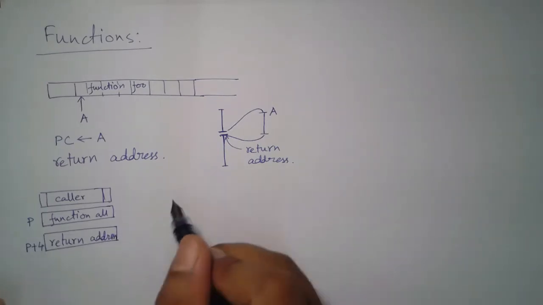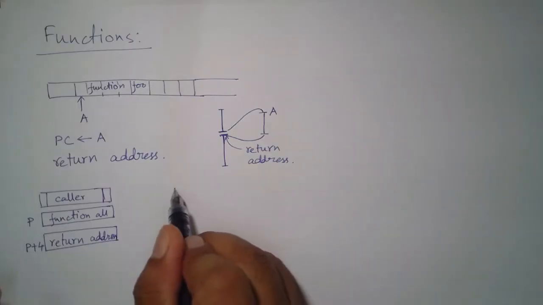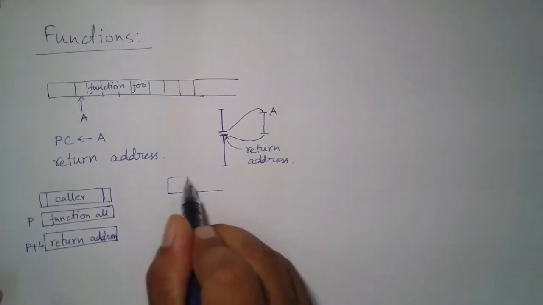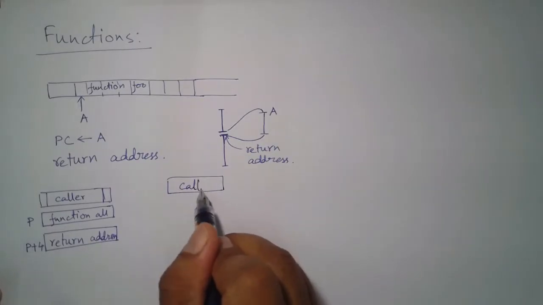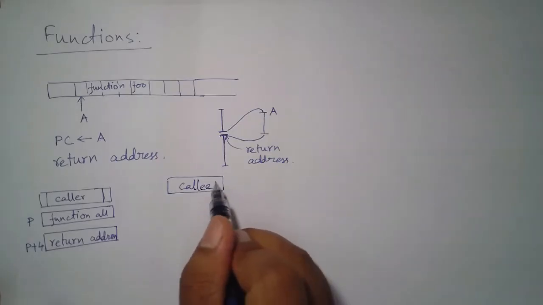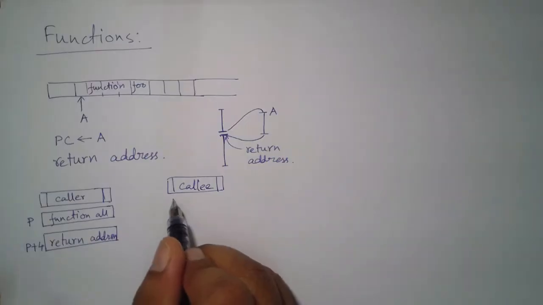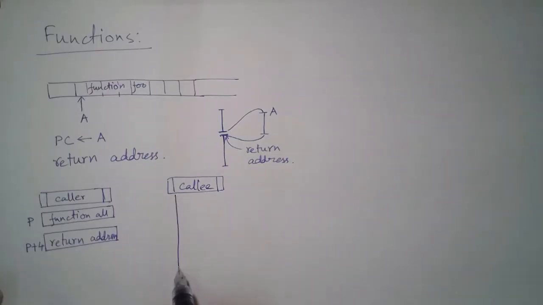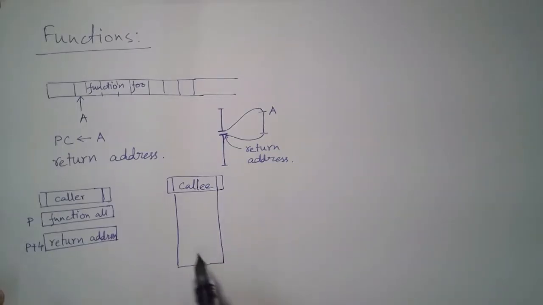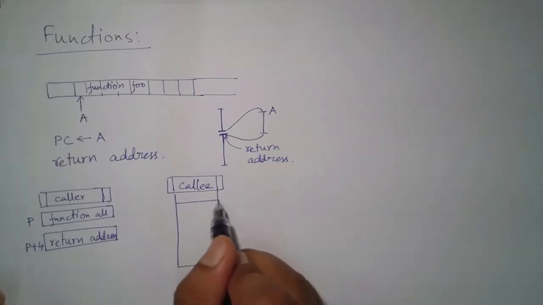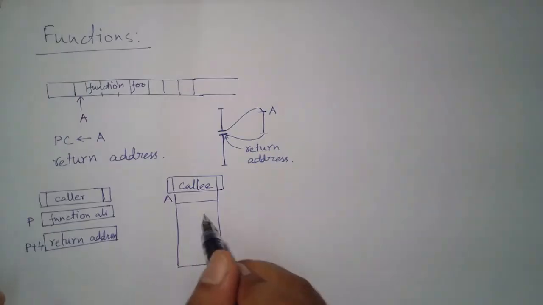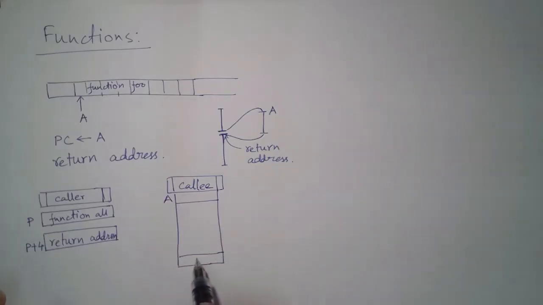Now the function which I am calling is called the callee. So this is my callee function, and let's say this function is stored in a memory location which starts at the location A, and at the end of it there is a return instruction.